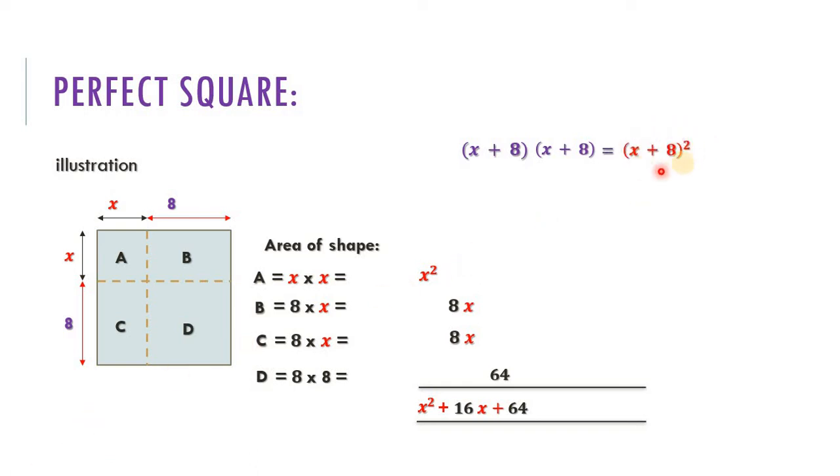So this is what we call the perfect square, because when we multiply X plus 8 by X plus 8, we're finding the area of a square. So this is basically the area of a square. A side of X plus 8 in length multiplied by itself, length by length, since it's a square.